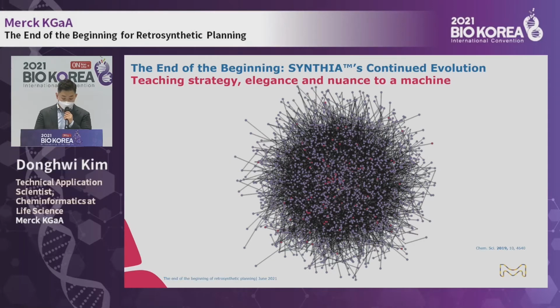Up until that time, Cynthia had shown great promise with its capability, but it was still struggling with finding routes to some complex molecules, with no result, even when it knew all the individual reactions to construct a viable synthetic pathway to the target.